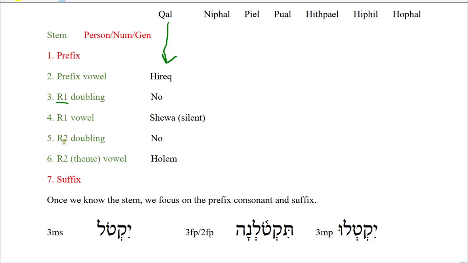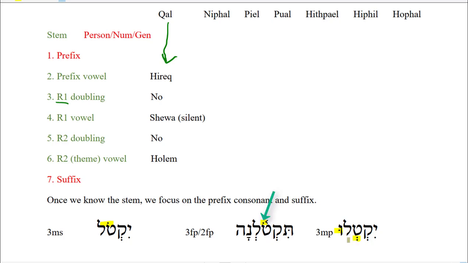The next thing we look at is R2 doubling, and there is no doubling, so we can just put a no there and move on. The R2 vowel, we call that the theme vowel. It is a holem. That's true for both of these forms. Note that for the cases where we have a vowel letter only as the suffix, this reduces to a vocal schwa.